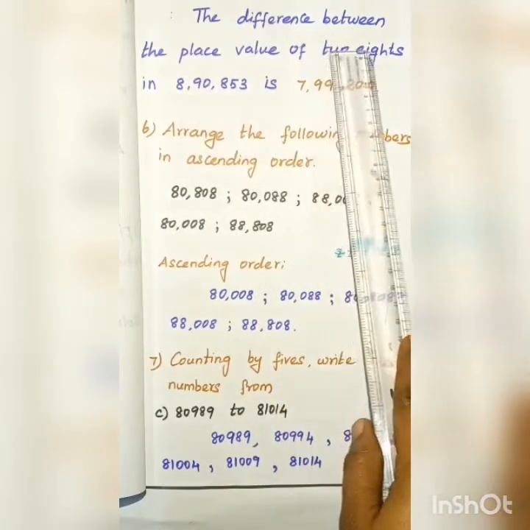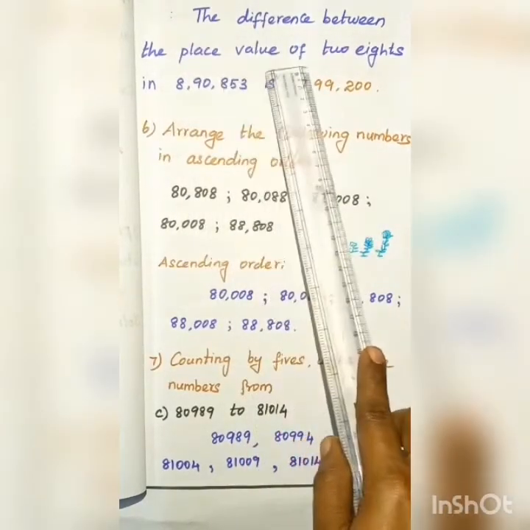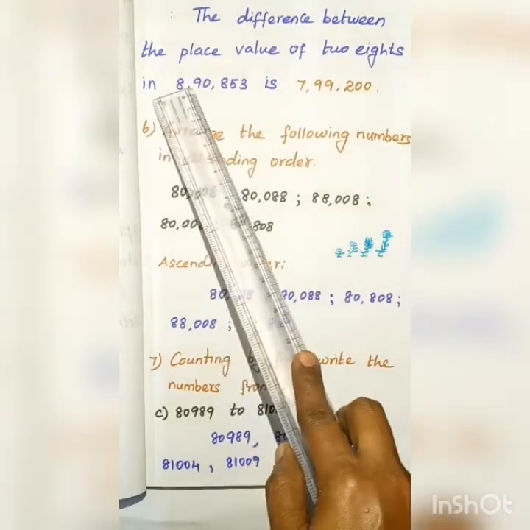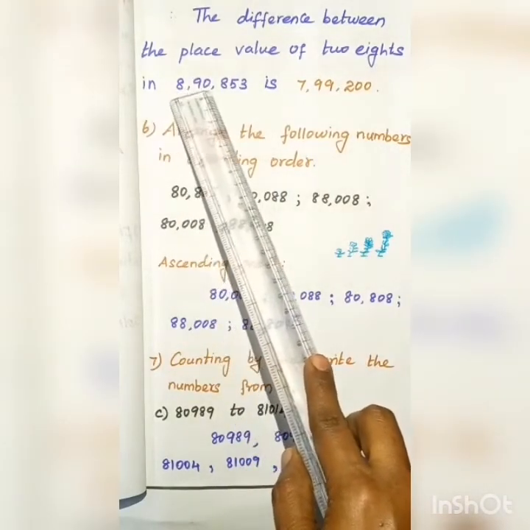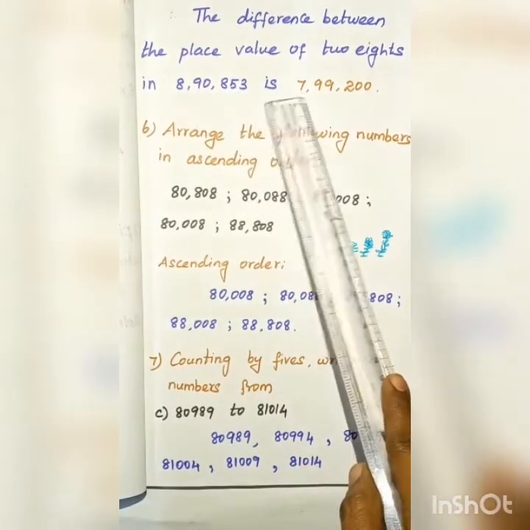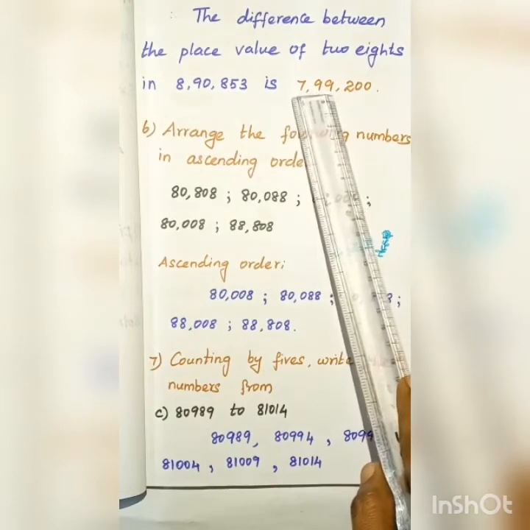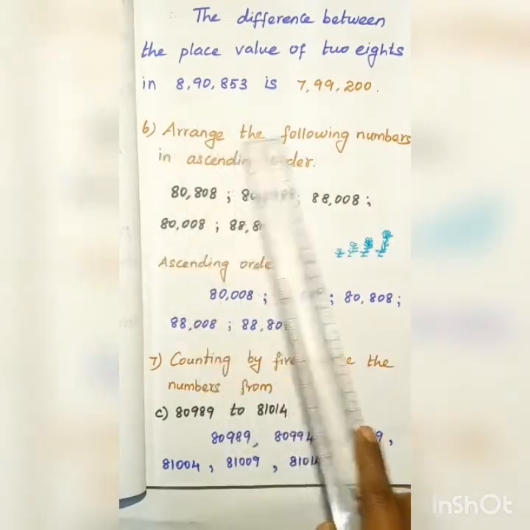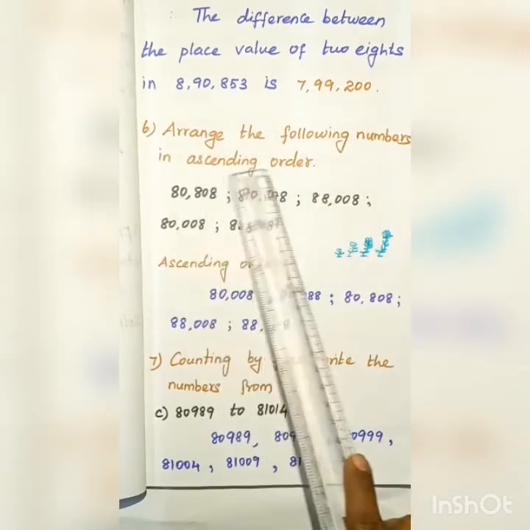The difference between the place values of the 8s in 8,90,853 is 7,99,200.